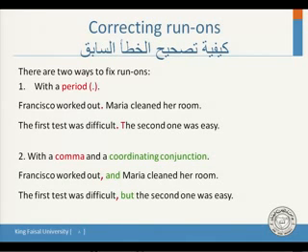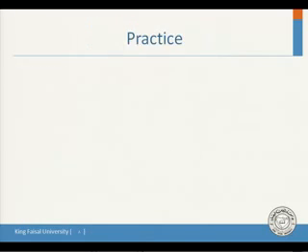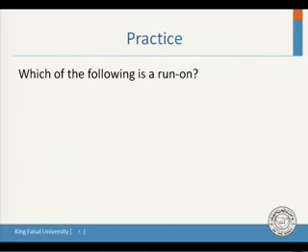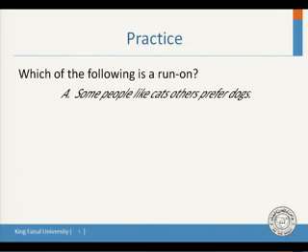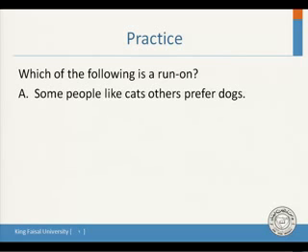Difficult and easy, they are different. They are not similar. So we use but. The first test was difficult, but the second test was easy. Question about run-ons. Which of the following is a run-on? Look at these sentences. One of them is a run-on.